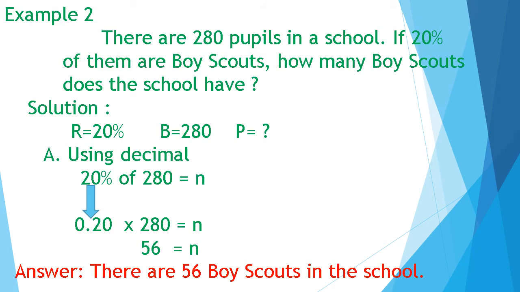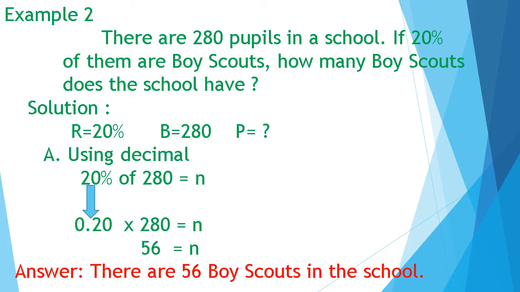So the answer is 25% of 60 is 15. Alright, we have example number 2. There are 280 pupils in a school. If 20% of them are Boy Scouts, how many Boy Scouts does the school have? R is equal to 20%, or the rate is 20%. The base is 280, and the P, or the percentage, is unknown. Let N be the unknown number.